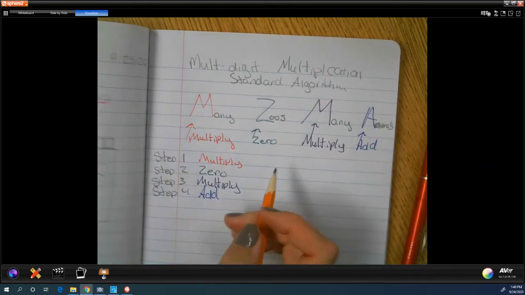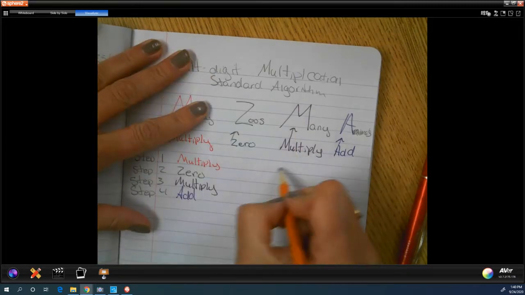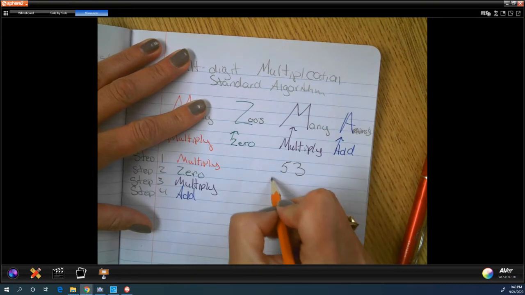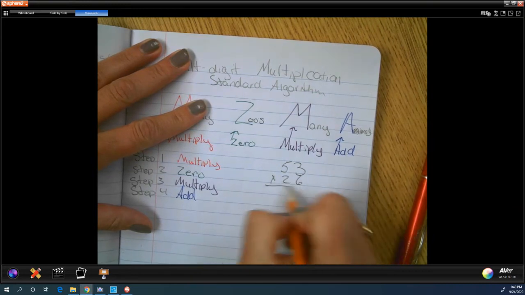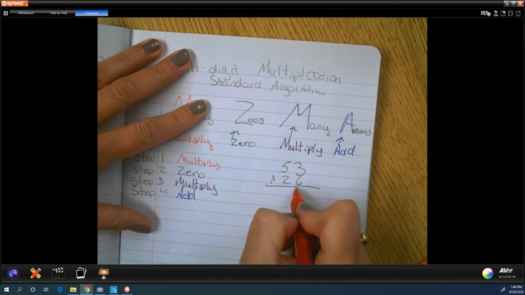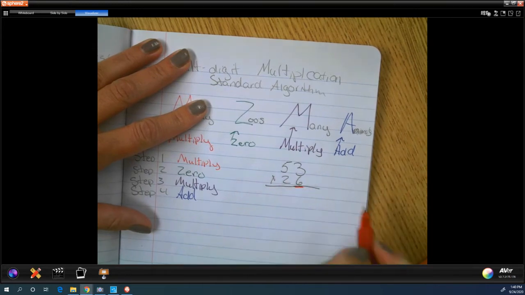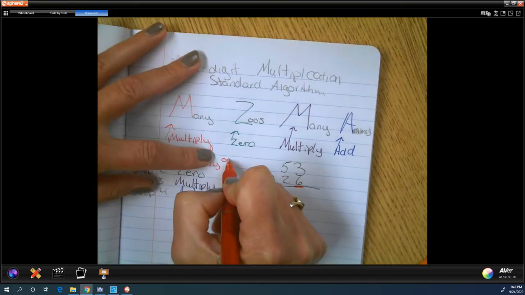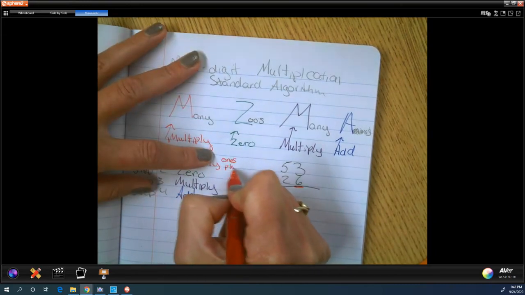Okay, so let's take a look at a problem. Let's try 53 times 26. So step 1 is to multiply the ones place. The first multiply is the ones place, right?